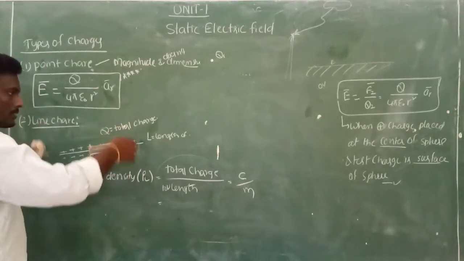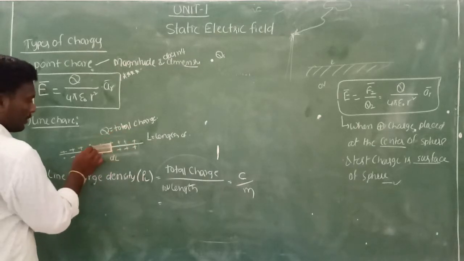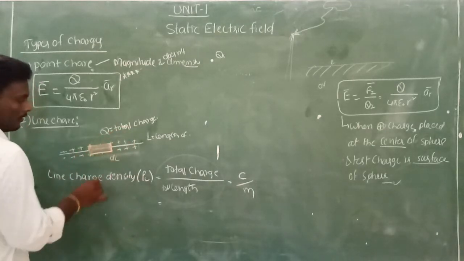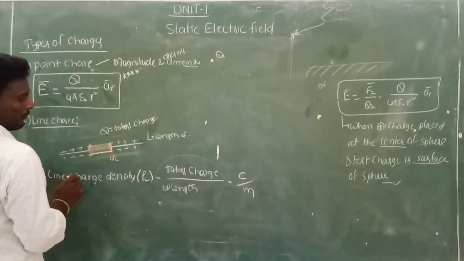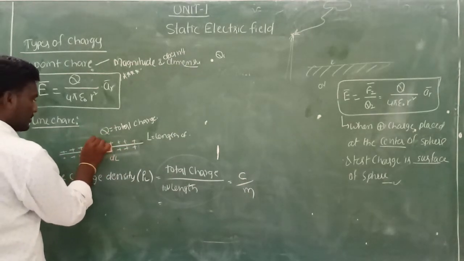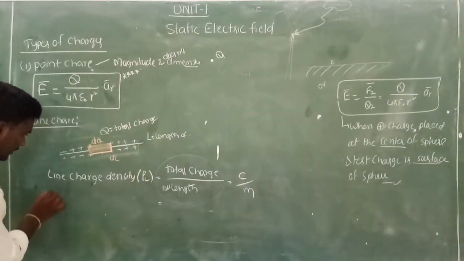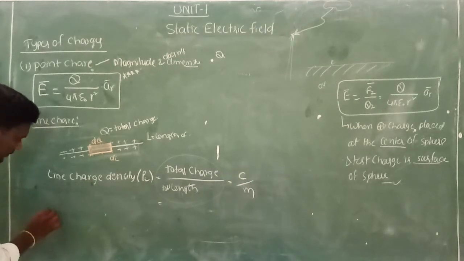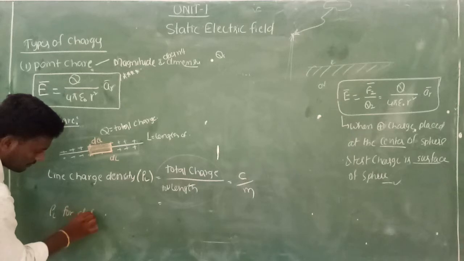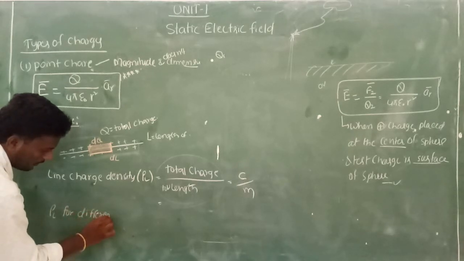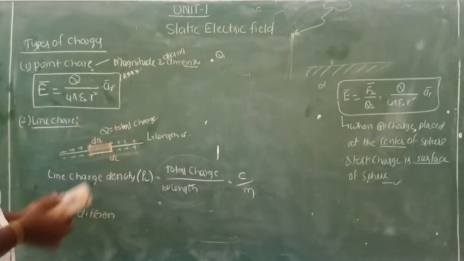If the total charge on the length L is capital Q, what about the charge on the differential length dl? It is dq. So now the line charge density rho L for differential elements. In these cases we consider the differential length for long lengths of conductors.